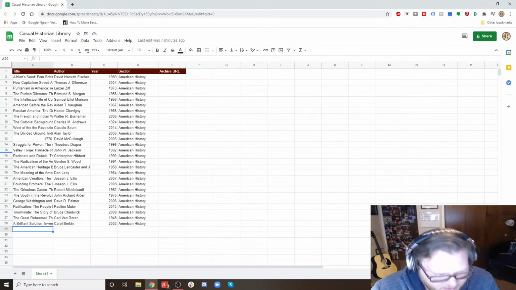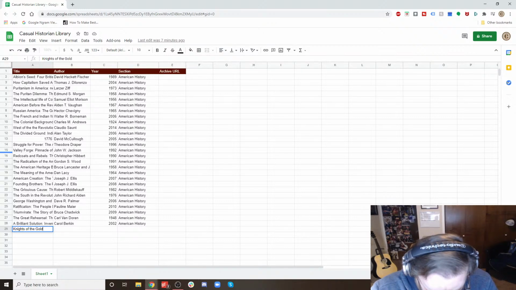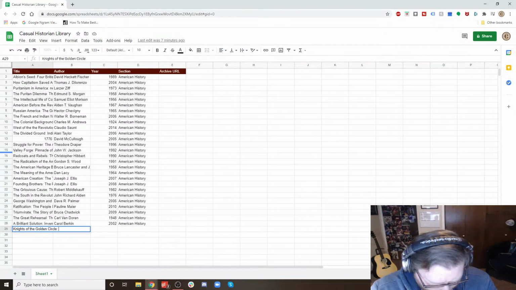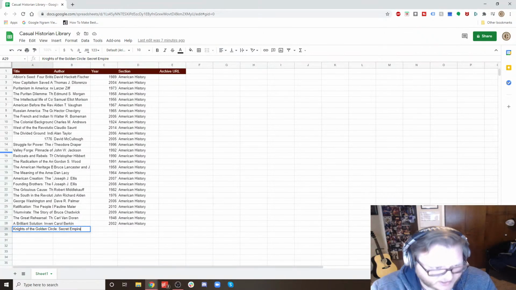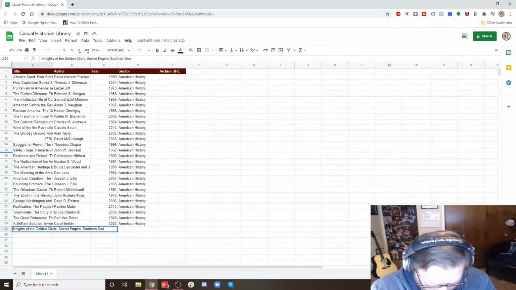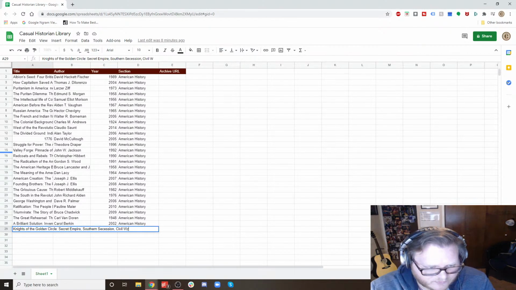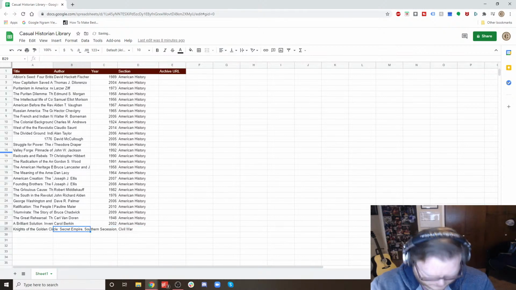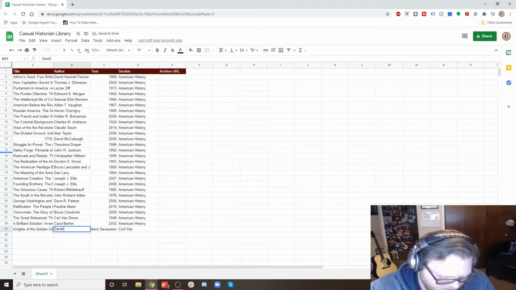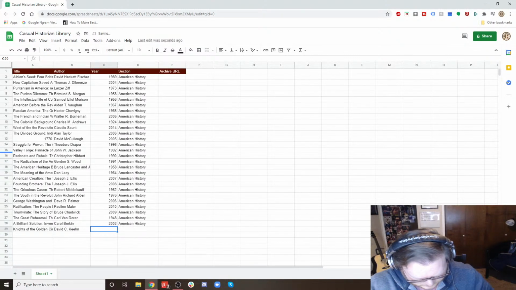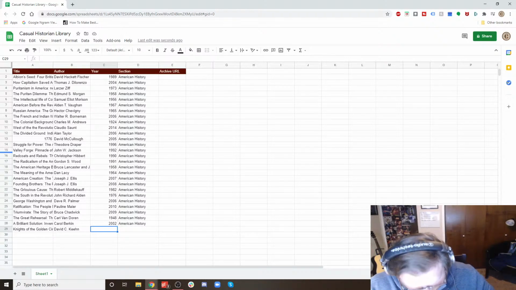Let's see here. Knights of the Golden Circle, Secret Empire, Southern Secession, Civil War, by David C. Keene. I think this is probably published in 2015, is it?